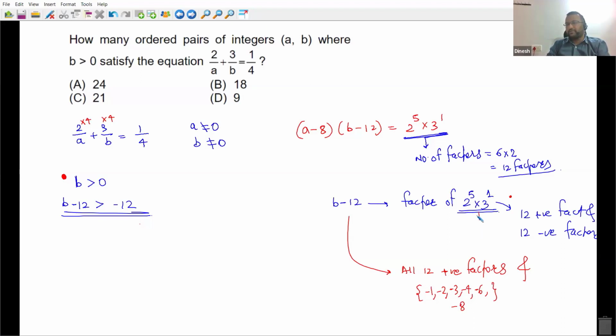इसके factors जो माइनस 12 जो नेगेटिव है बट माइनस 12 से बड़े हैं. So 1, 2, 3, 4, 5, 6. So the answer of this question is 12 positive factors and 6 negative factors. Total 18 values, 18 different values b minus 12 can take. That is why the number of integral solutions are 18.